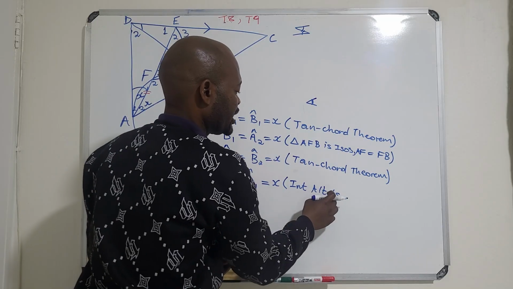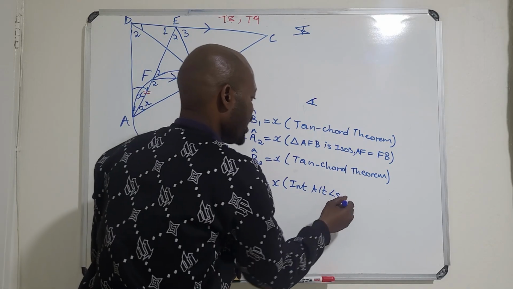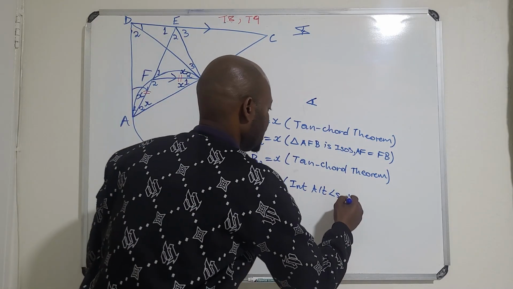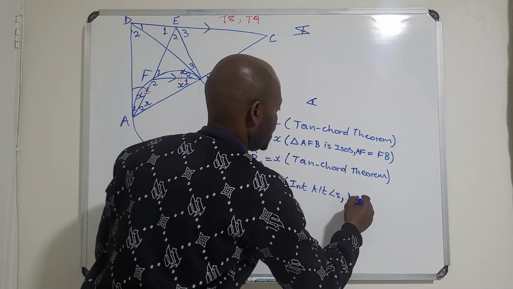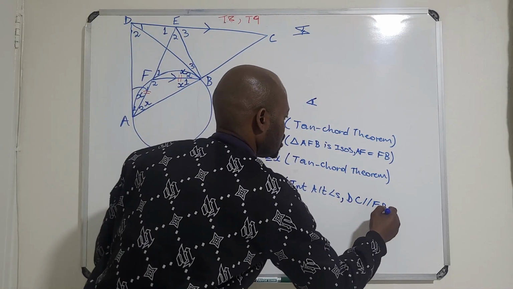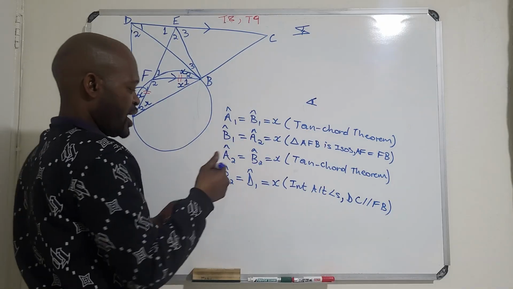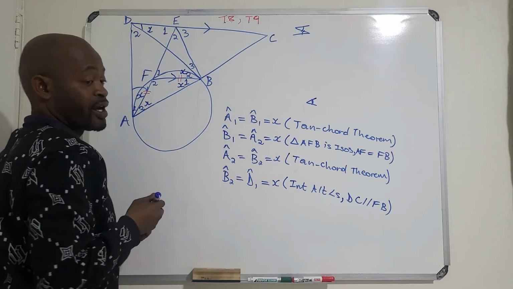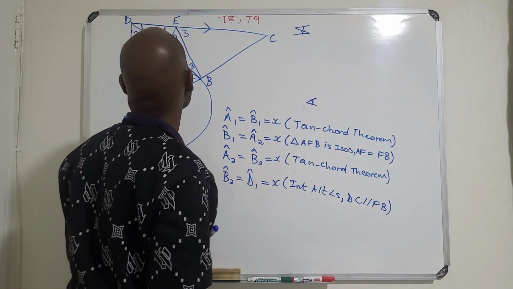Interior alternate angles. Why are they interior alternate angles? It is because DC is parallel to FB. Now we've got 4 angles which are equal to x, because also this angle there is equal to x.